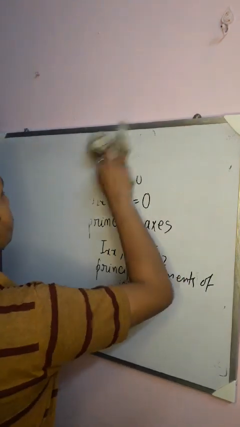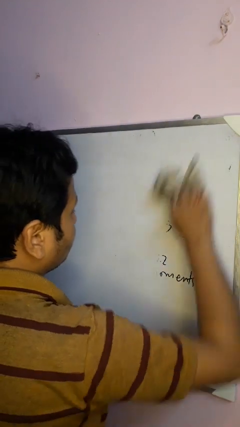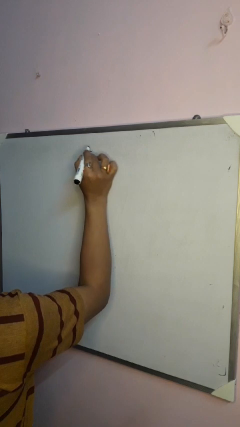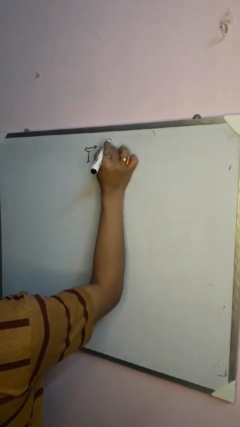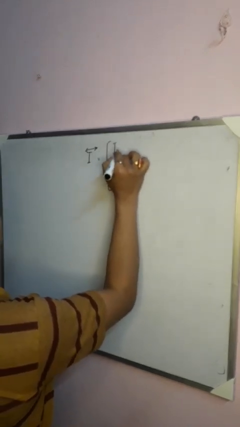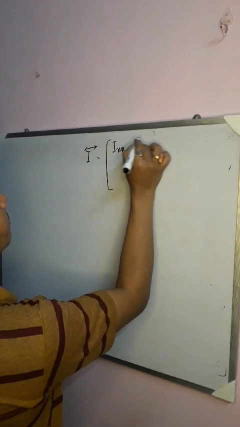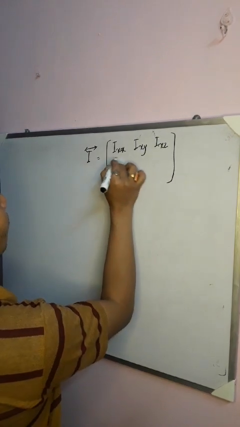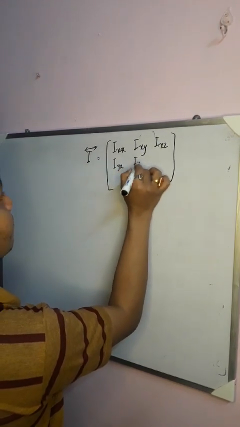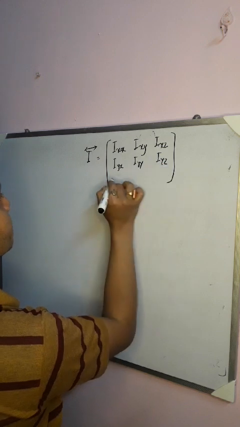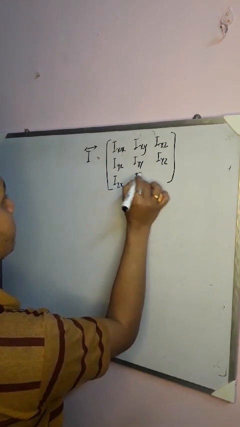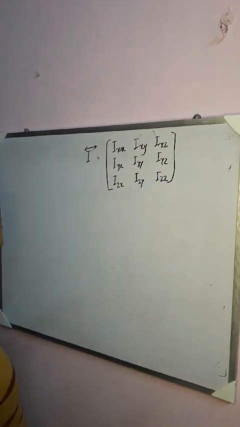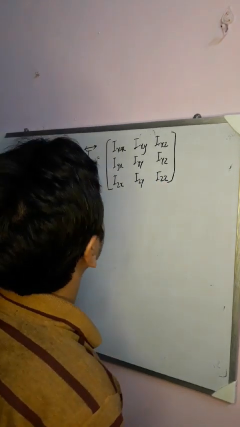As I told earlier, moment of inertia is a tensor, so it can be written in this way: Ixx, Ixy, Ixz, Iyx, Iyy, Iyz, Izx, Izy, Izz. This matrix form can be written.